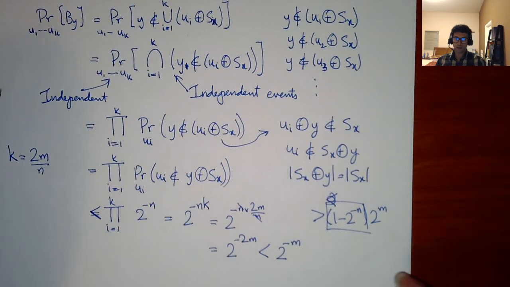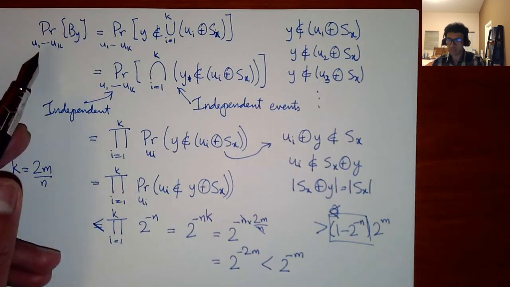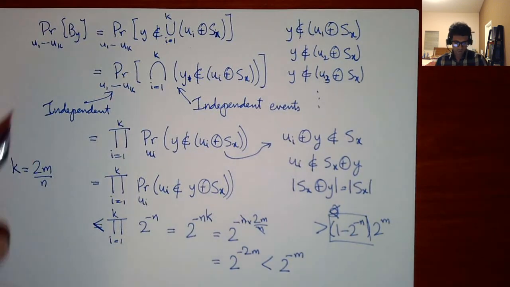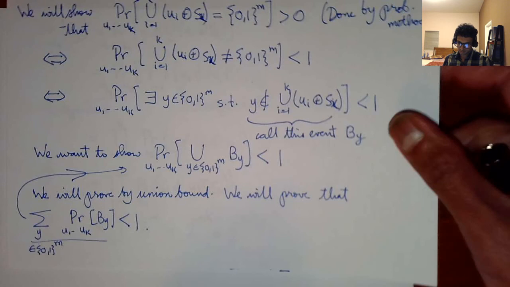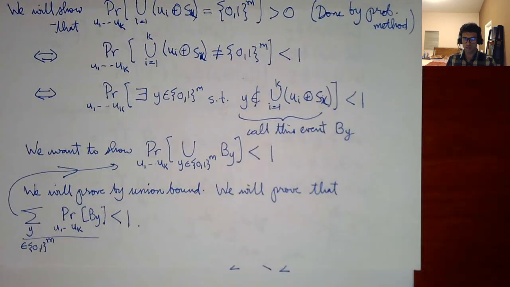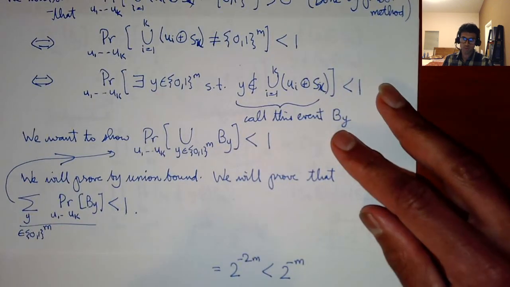So after all of these calculations, what we get is that the probability of B_y, which is that y is not in the union of shifts, is at most 2 to the minus m.